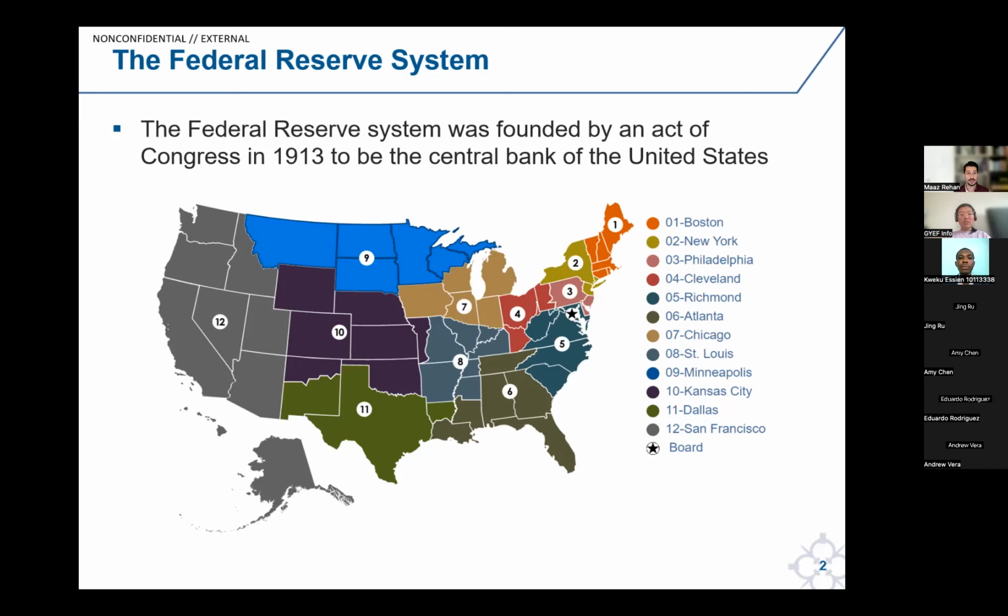So we can refer to District 1 as Boston, District 2 being New York, District 3 being Philadelphia, and so forth. So you can see the lay of the land across the United States and where all the reserve banks are located.